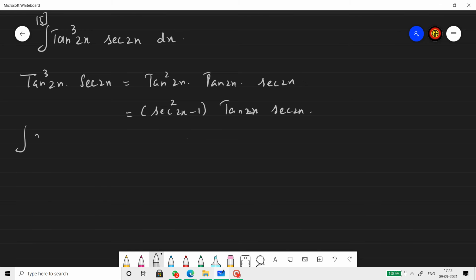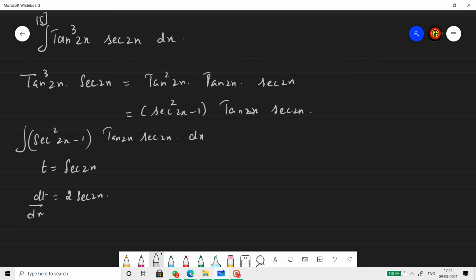So the integration of sec square 2x minus 1 into tan 2x sec 2x into dx. I'm going to take t as sec 2x. So dt by dx will be 2 sec 2x into tan 2x.